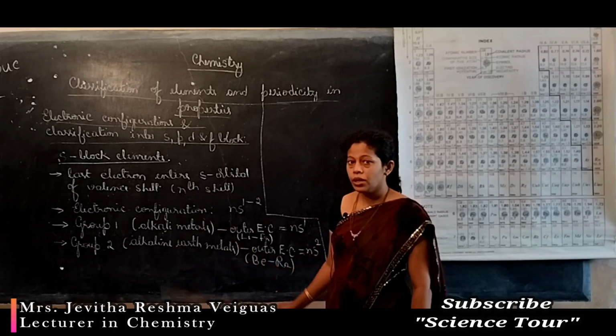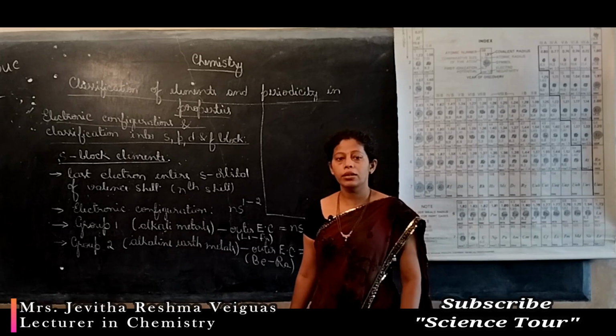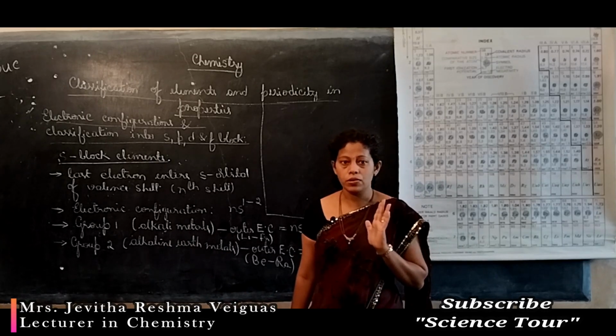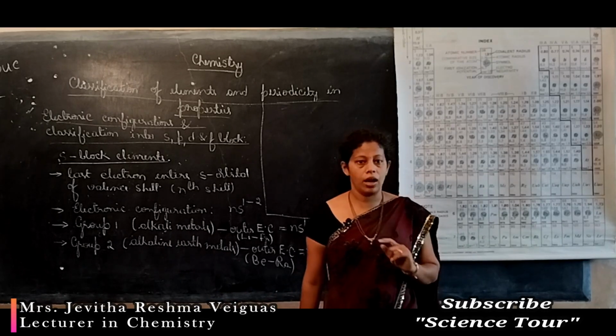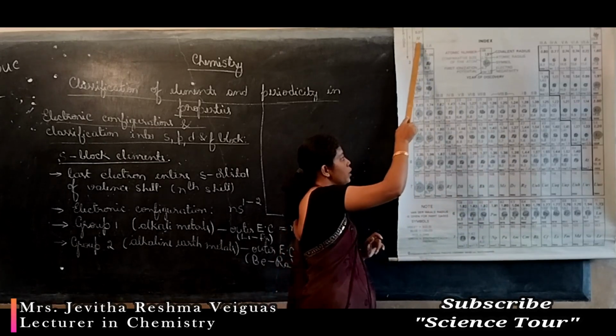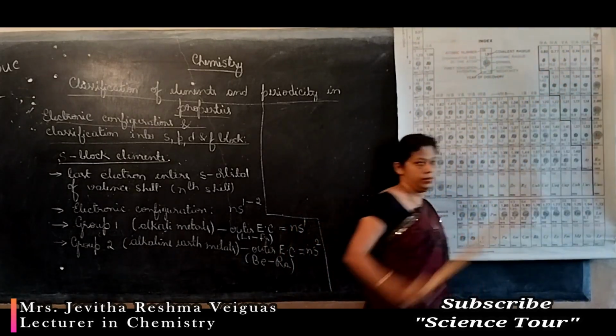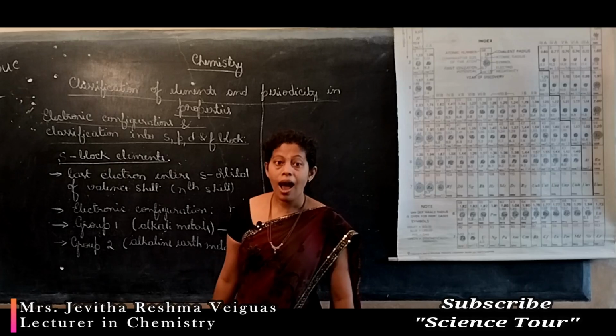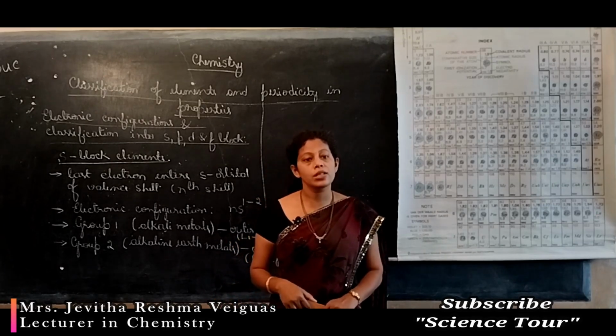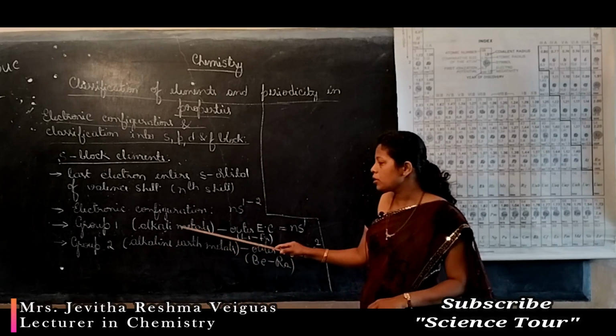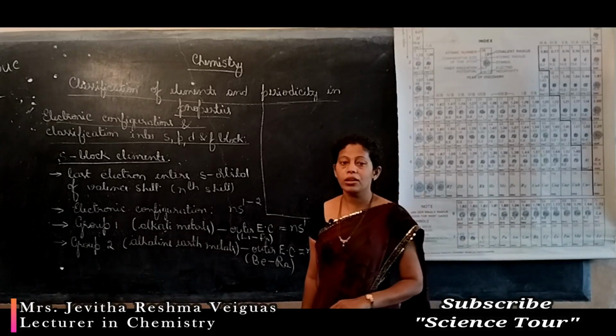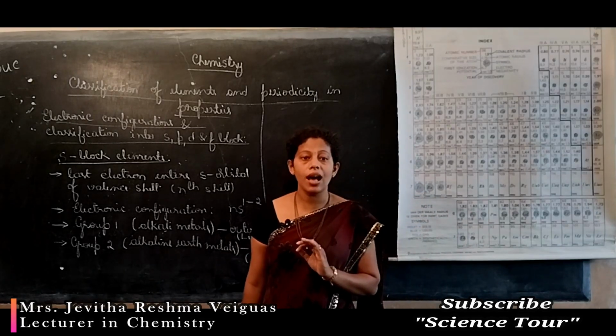Students, here there are 2 exceptions in the whole periodic table. They are the topmost elements hydrogen and helium. Hydrogen has electronic configuration 1s1, which is similar to the group 1 element, but that element is not called as alkali metal.